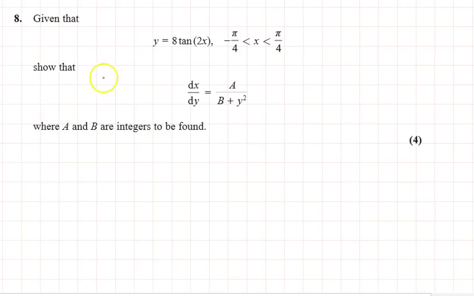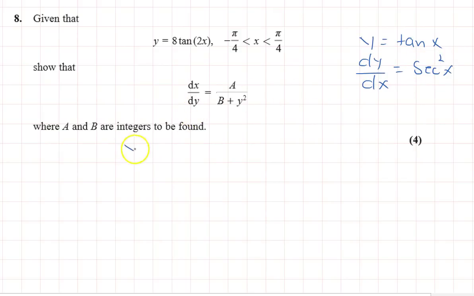Question number 8: y is equal to 8 tan 2x, and we have to find dy over dx. We know that if y is equal to tan x, then dy over dx is equal to sec square x. So we are going to use this.